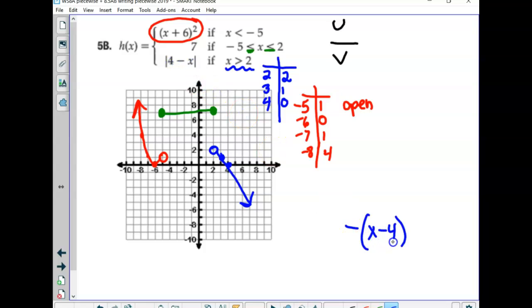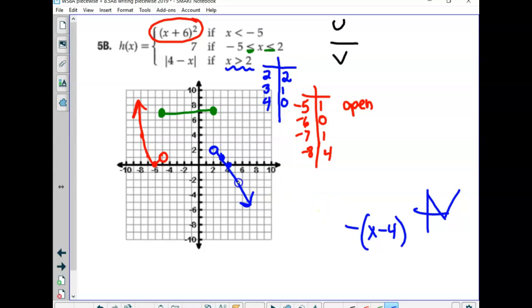So it was shifted to the right 4, but then reflected. My V was over here, and then it was reflected across. Okay. Yeah, just keep going.